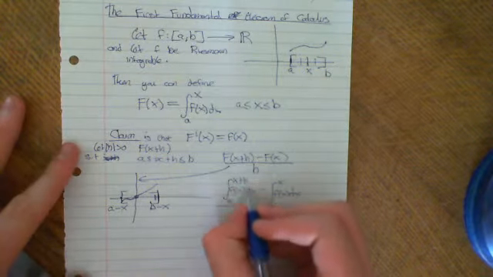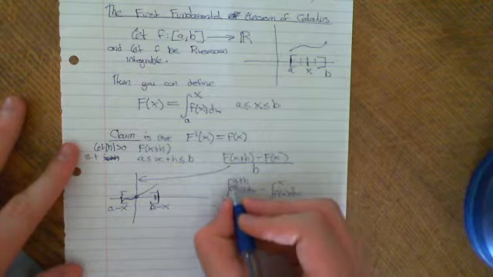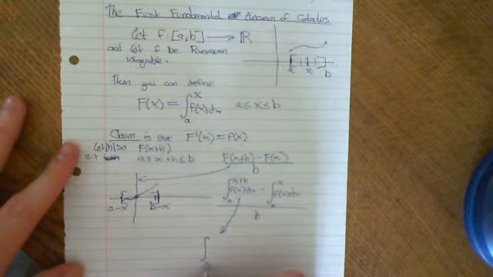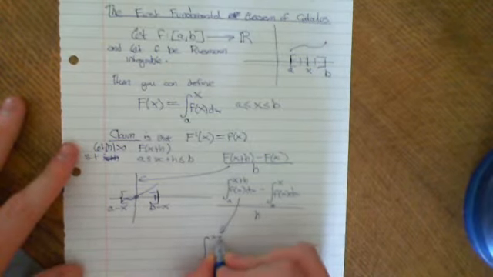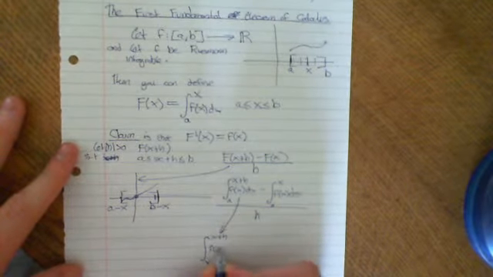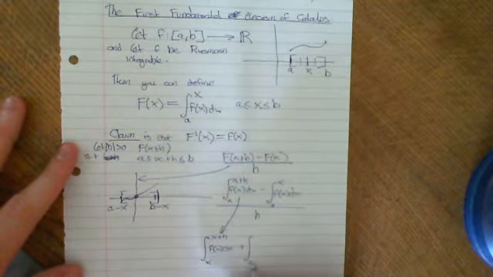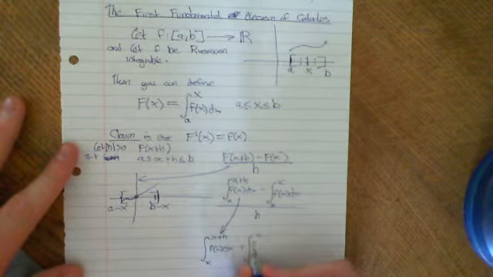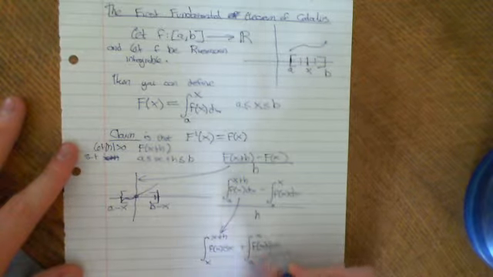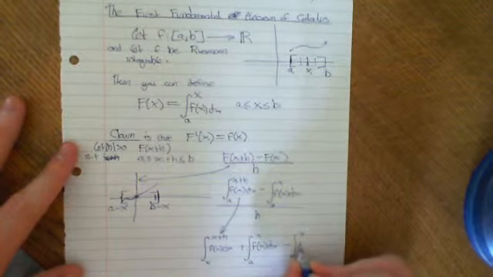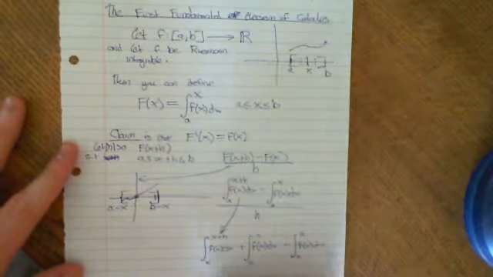So now we use the properties of integration, that we can split this into the integral from x to x plus h of little f of x dx plus the integral from a to x of little f of x dx minus the integral of a to x little f of x dx all over h.